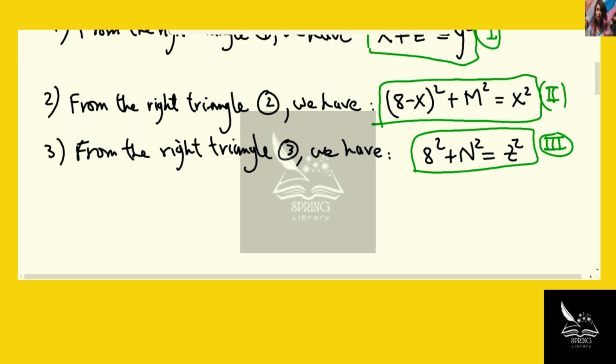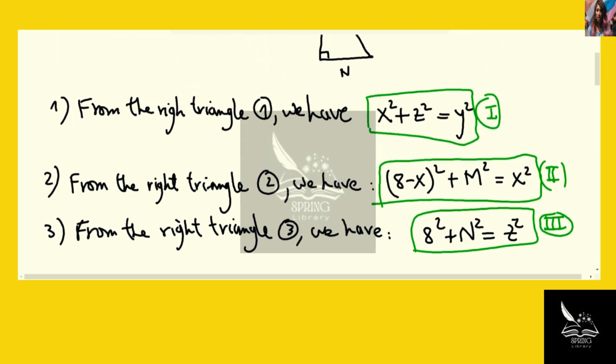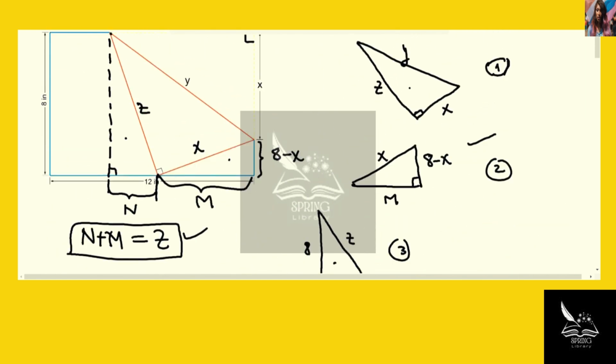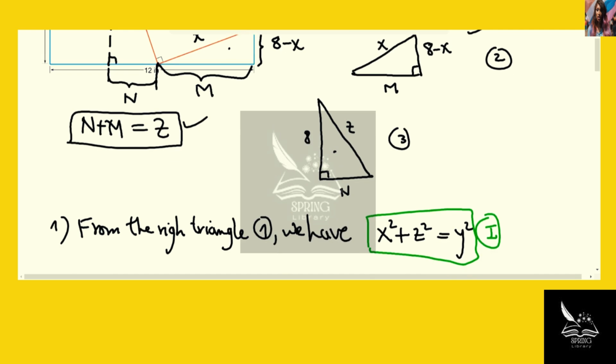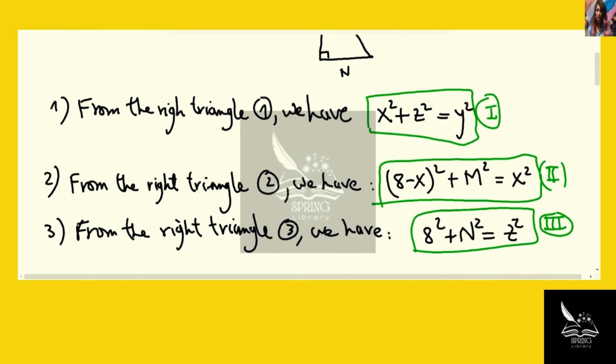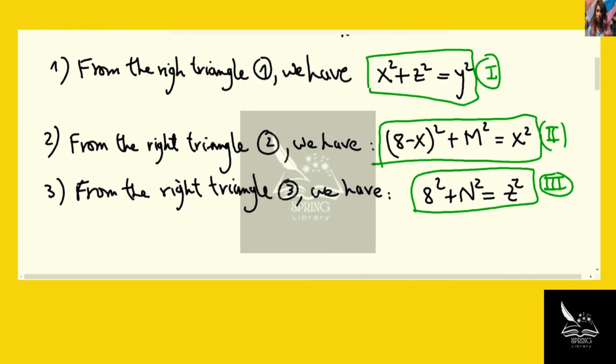And so now we recall that we want to write y in terms of x, and from the first right triangle we have y in terms of x and z, so we have to put z in terms of x, and we will be done for the first part, of course.